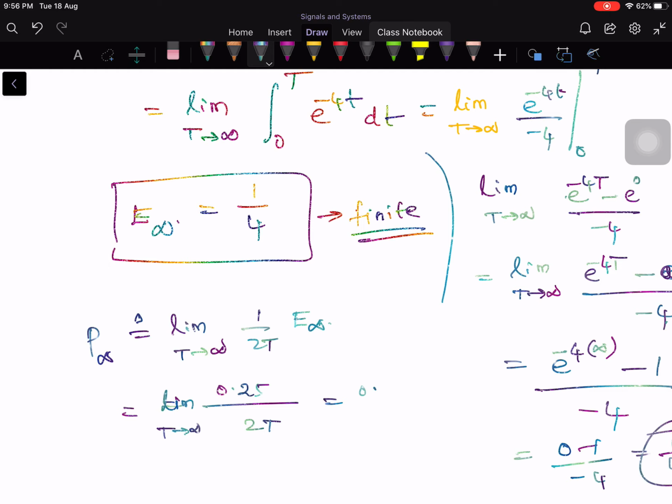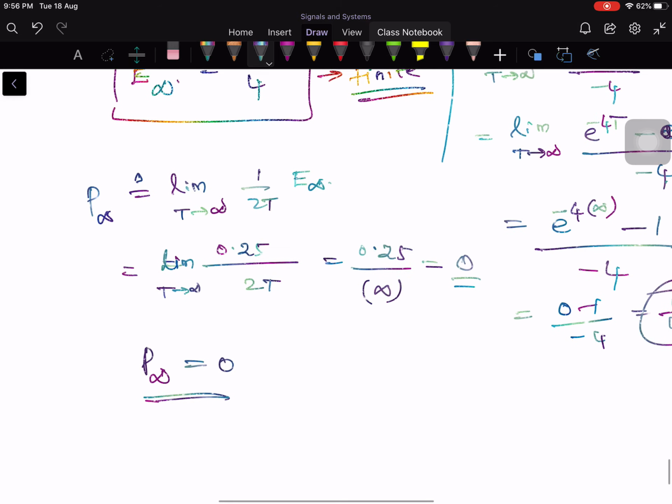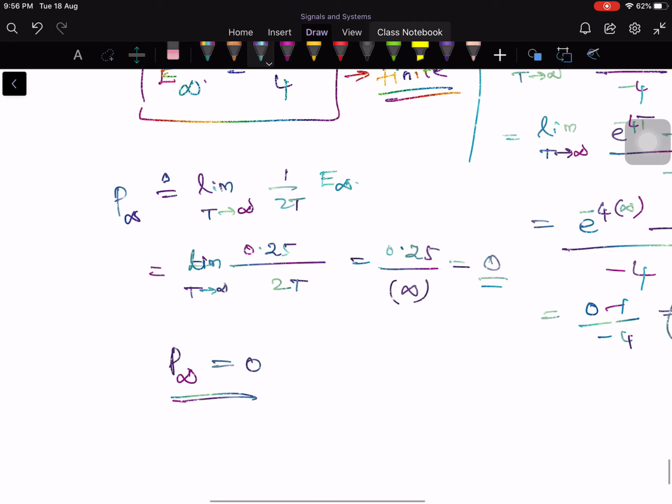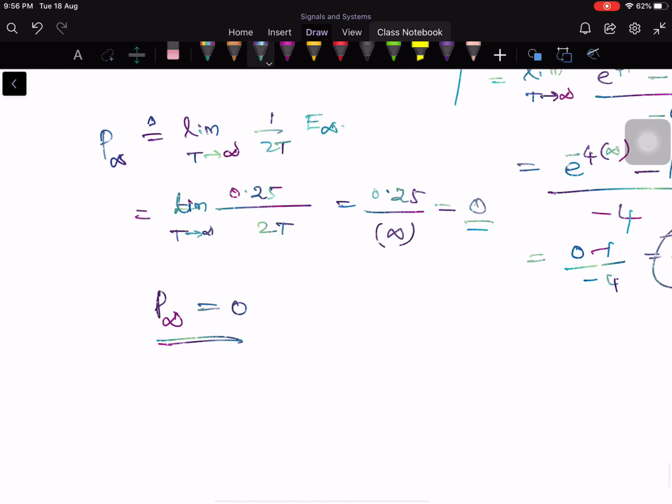So this is 0.25 divided by something very close to infinity. So this becomes 0. Therefore P infinity equals 0. P infinity equals 0 because it is an energy signal, because energy is finite. Similarly, you can work out many more examples. Let me take one more example in the discrete case.